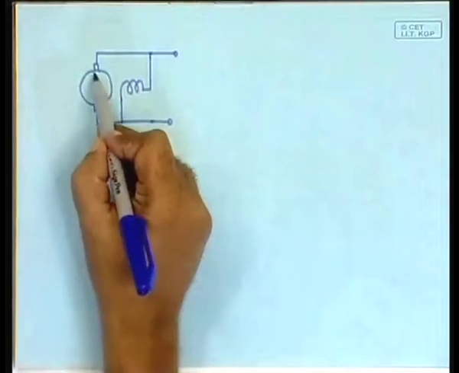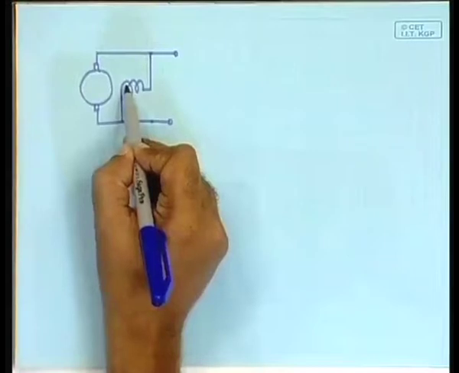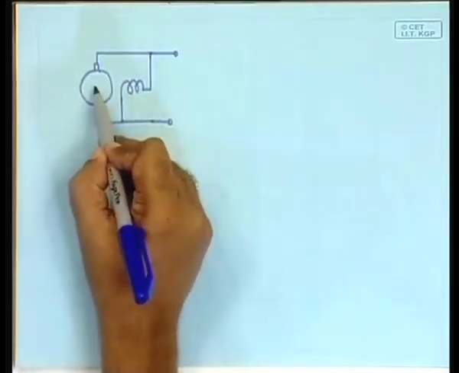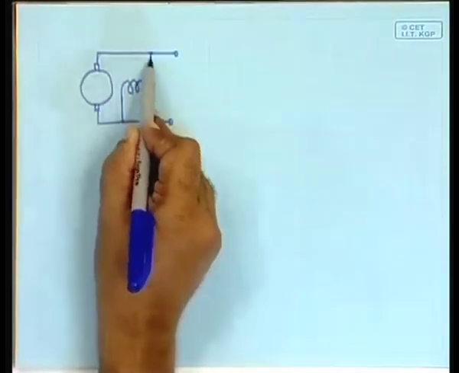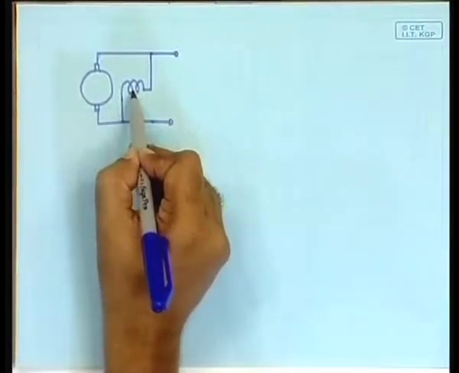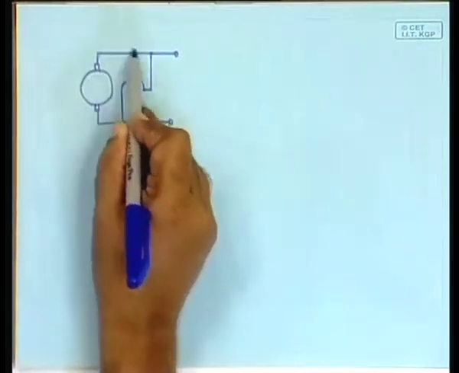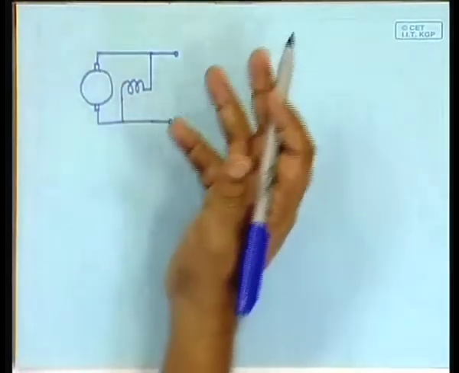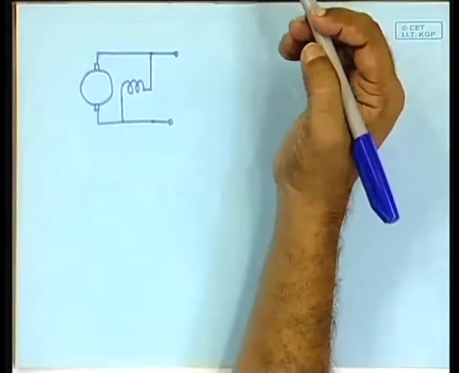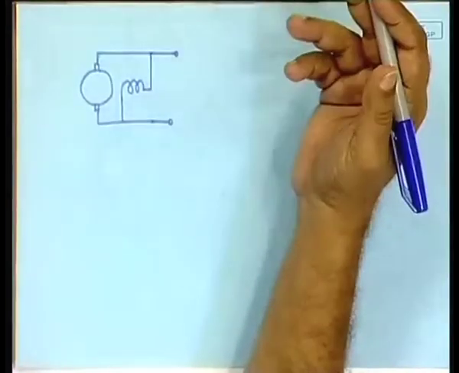Why? Because there will be some amount of residual magnetism in the field, a small amount, that will generate a voltage here, and because of that voltage a current will be flowing in this loop. As a result, the magnetism will be enhanced. A larger magnetism will produce a larger voltage, which will push a larger amount of current. As a result, the voltage will build up. This is called the process of self excitation. In the DC machine, you have probably learned this in the first year. This is how the DC machine can self excite.